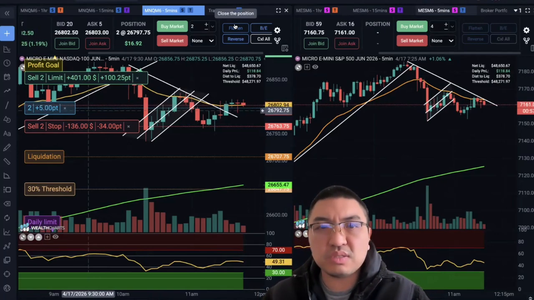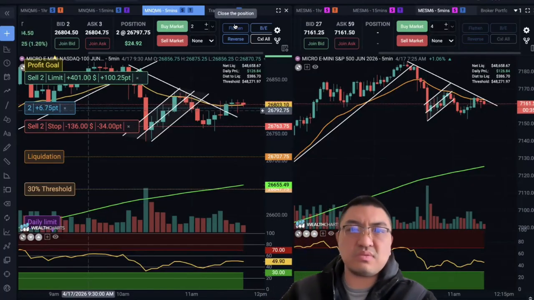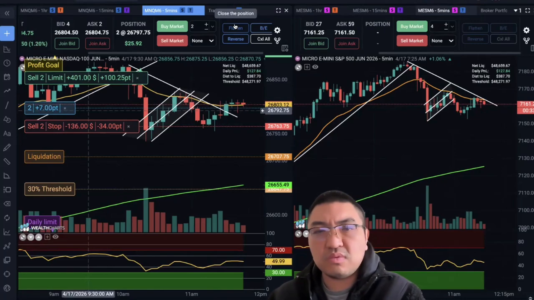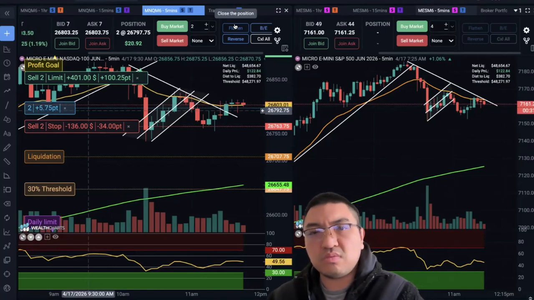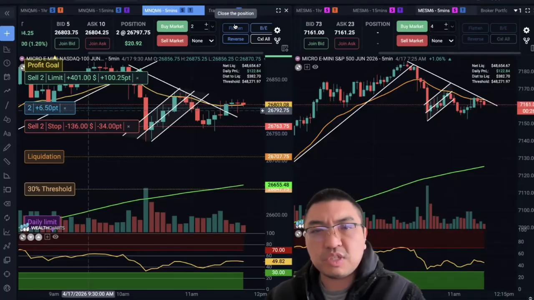Wait for the compression of this candle. If the compression is still sideways like this, I'll quit. Especially ES. ES keeps going down and not breaking the trend line. That makes me intimidated and not feeling good.